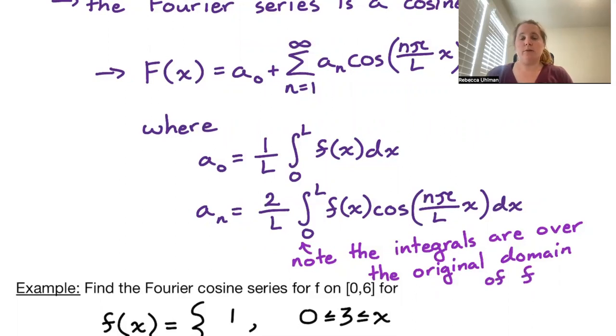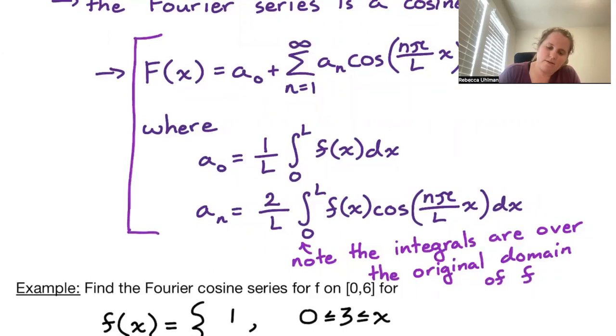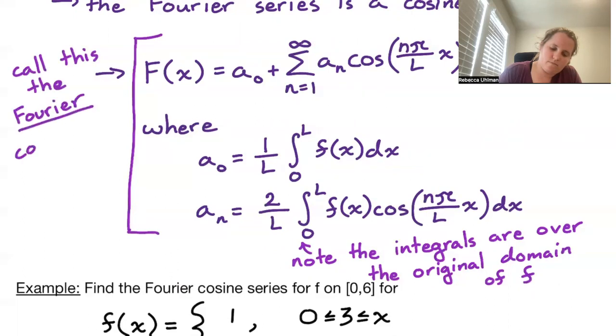And so we really are just creating a Fourier series based off a function defined from 0 to L. And we call this the Fourier cosine series. So this is referred to as the Fourier cosine series on 0 to L.